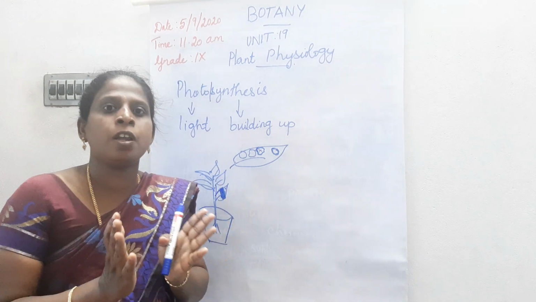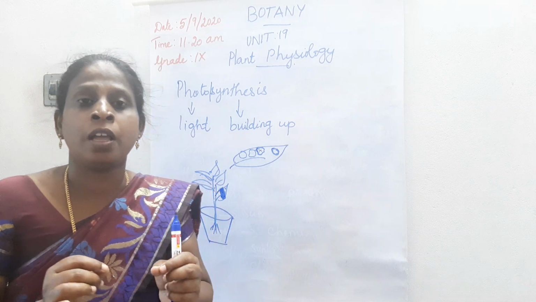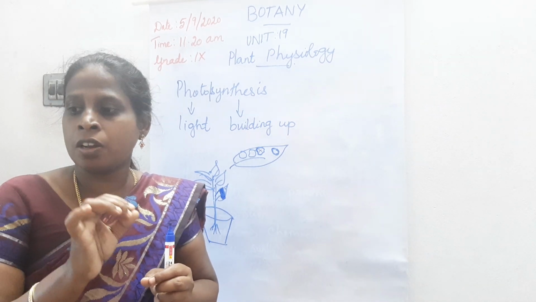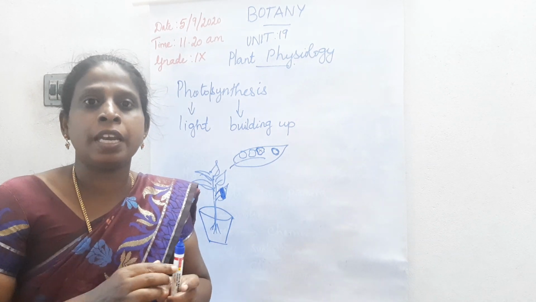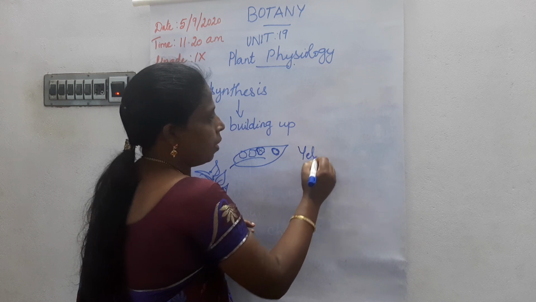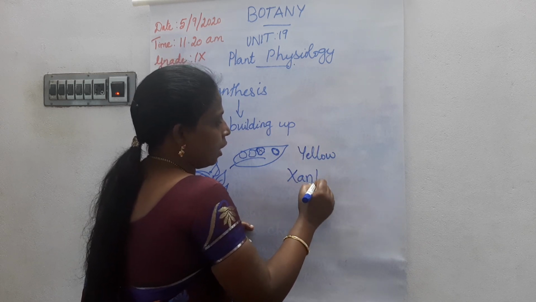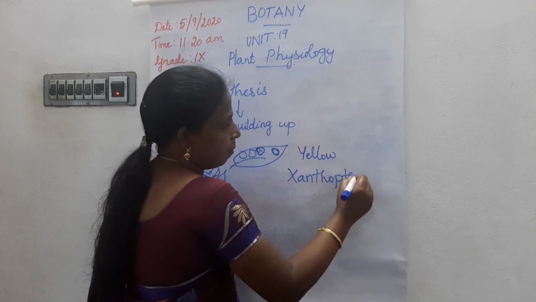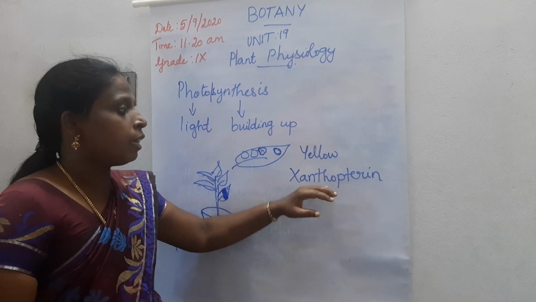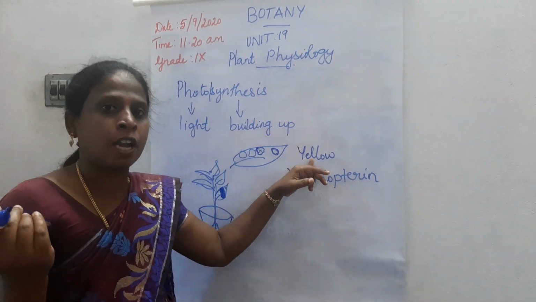The abdominal portion has a thick cuticle covered by a pigment. That pigment is not chlorophyll. It is a yellow pigment called xanthopterin, which is sensitive to light.